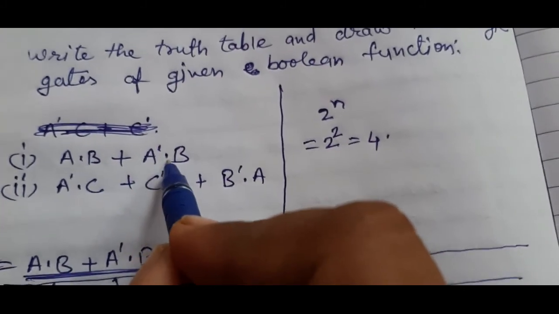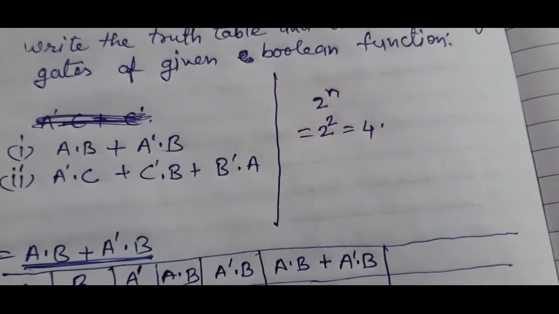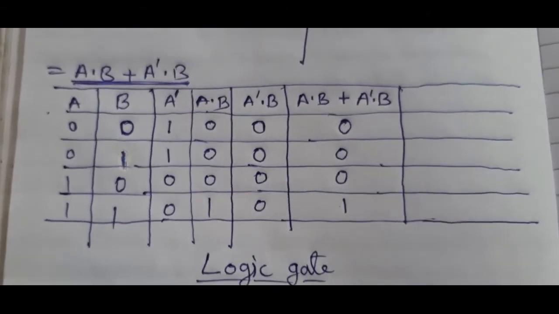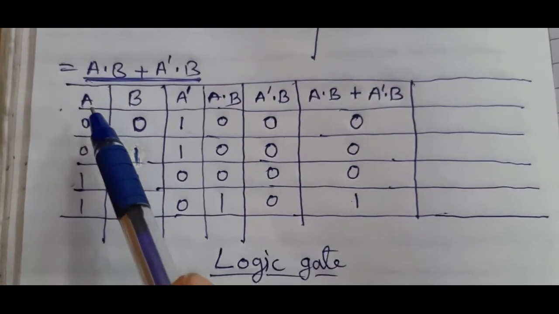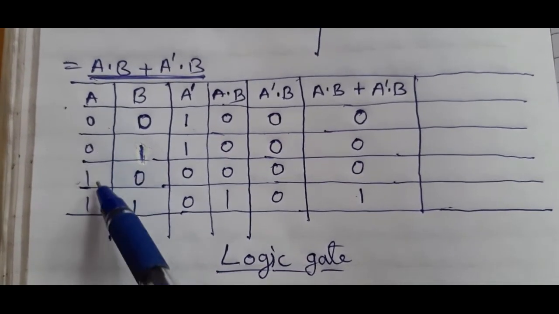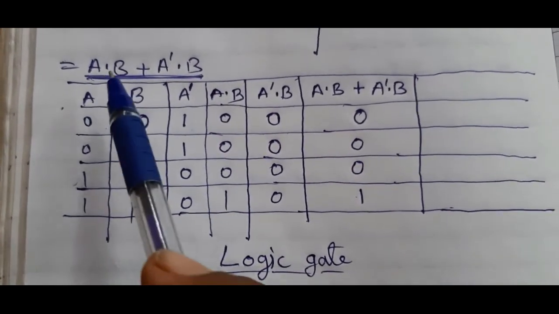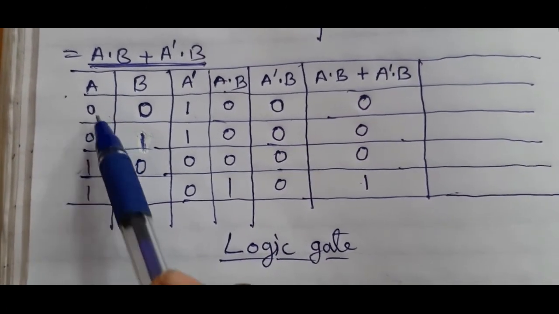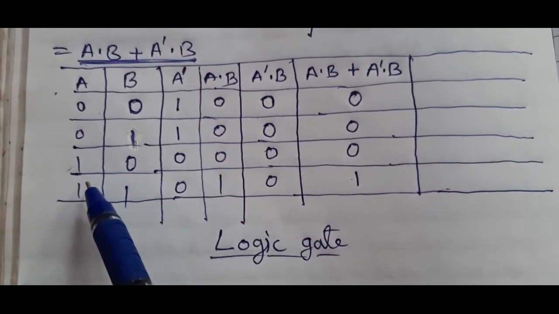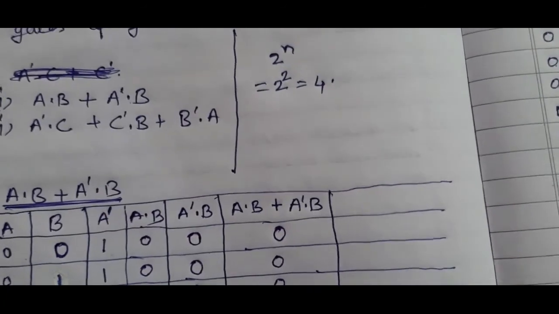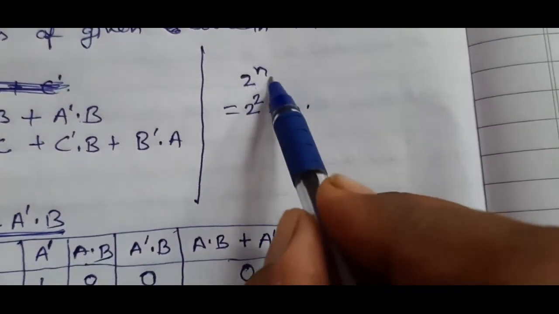and B. As I told you, for creating any truth table we have to write the possible combinations. How will you get the possible combinations? There is a rule, and that rule is 2 to the power n.